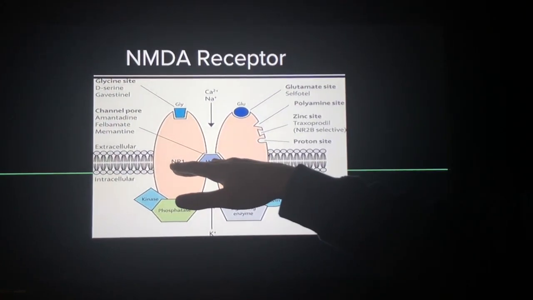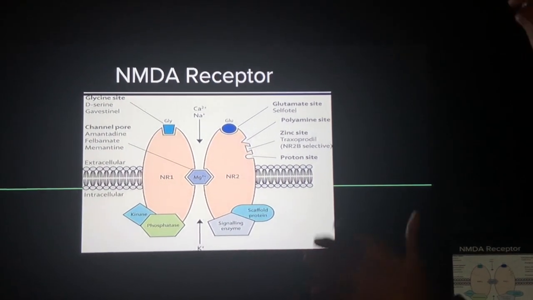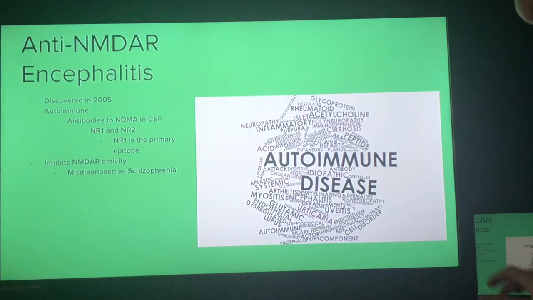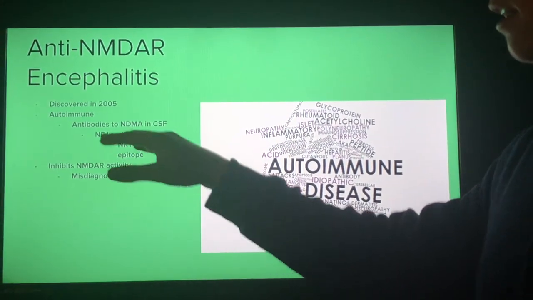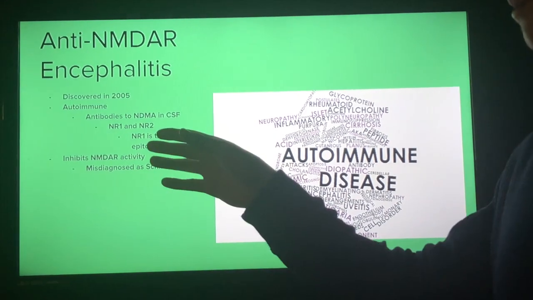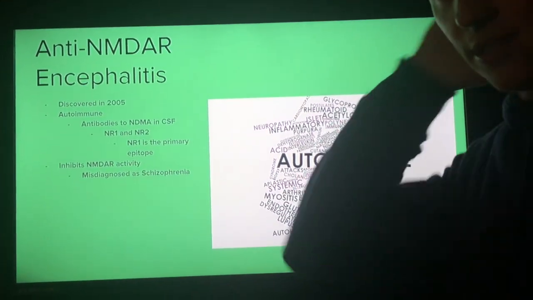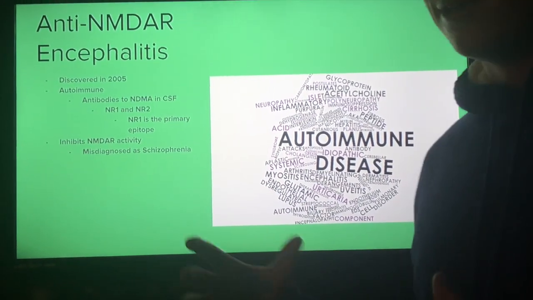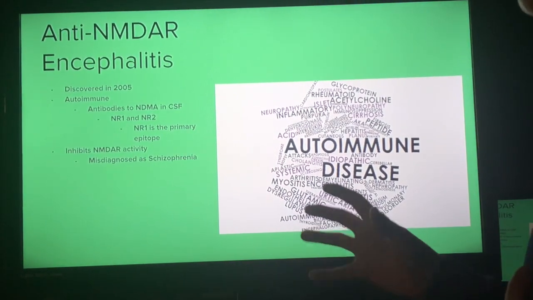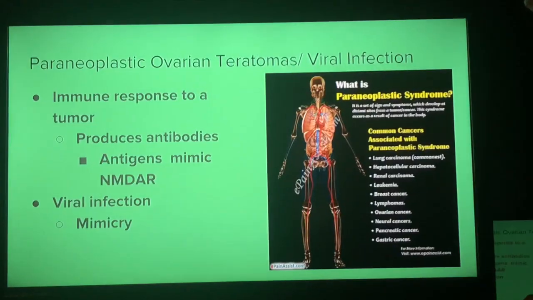It is thought though that NR1 is the subunit that's more primarily attacked. We're not sure if there's significance to that or not. This attacking of NR1 and NR2 binds antagonistically, right, and inhibits activity. That is why it's misdiagnosed as schizophrenia, because a lot of the symptoms that are presented are similar. Oftentimes they believe it's schizophrenia and then it actually is not.